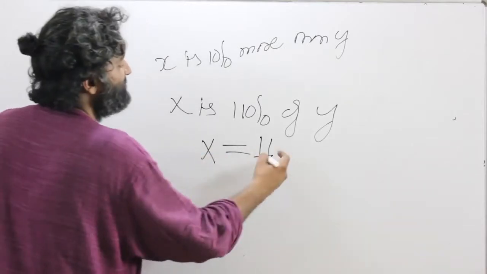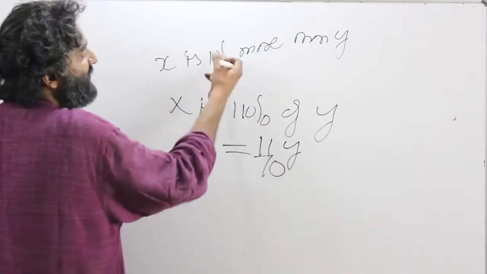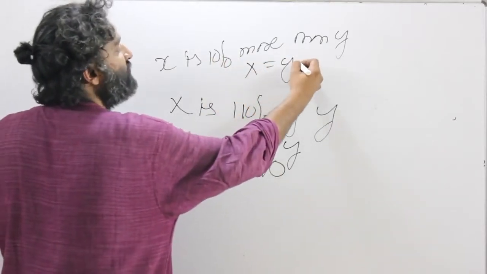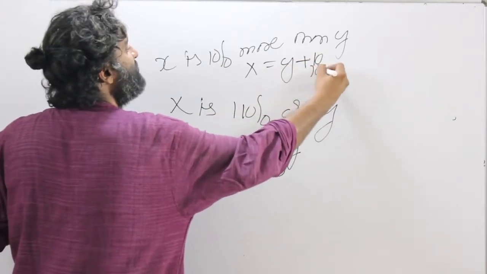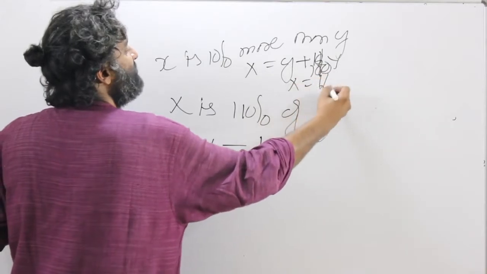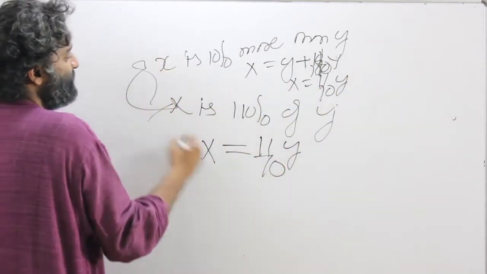Yeah, X is 11 by 10 of Y. So this information I got here, or I could have worked this: X is 10% more than Y, so Y plus 10 by 100 of Y, which would have become 1 by 10, which would have become 11 by 10 of Y eventually only. So same thing, because they mean the same thing also.